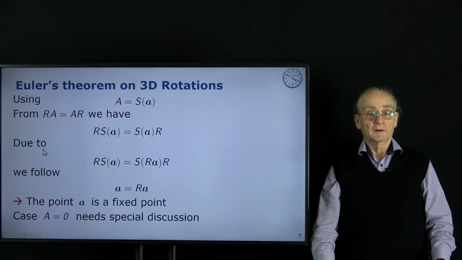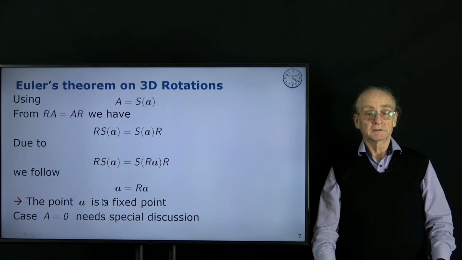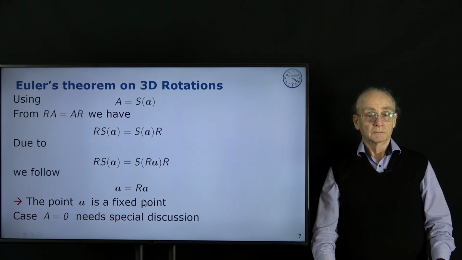But we also have this general rule of exchanging R and S, taking into account that there is a general rotation matrix, we also know that R times S of a is the skew-symmetric matrix of R times a, that means the rotated vector a, multiplied with R. And now you see, if we compare these two equations, it needs to be the case that a is equal to Ra, which is written down here.